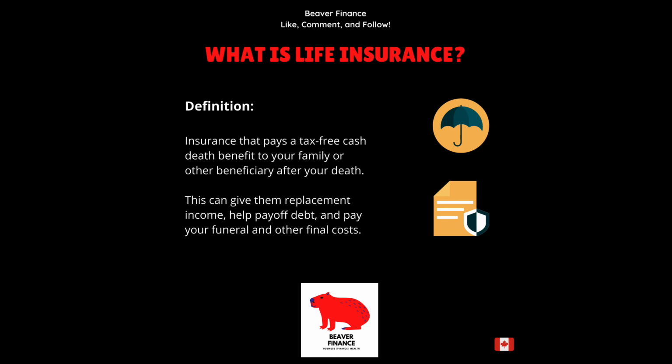And then secondly, there's permanent participating life insurance, or PAR insurance, which is life insurance that also has a guaranteed death benefit. Guaranteed premium. The premium can be guaranteed for, say, 20 years, or it could be guaranteed you pay for life.